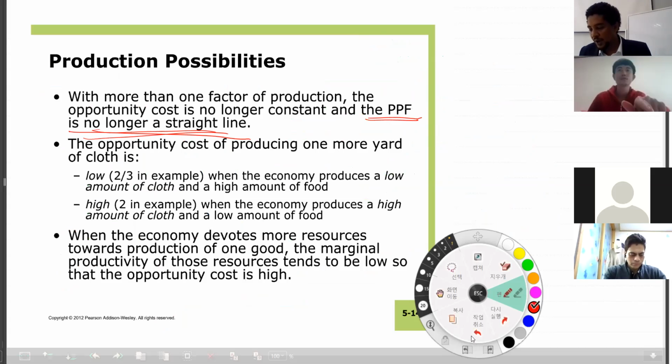so when the economy produces a high amount of clothes and a low amount of food, the opportunity cost is high, which is 2. Okay, and when the opportunity cost is high, then you have to find ways to reduce that production, because it's better for this product to be produced in other parts of the world and you import it rather than producing it yourself.